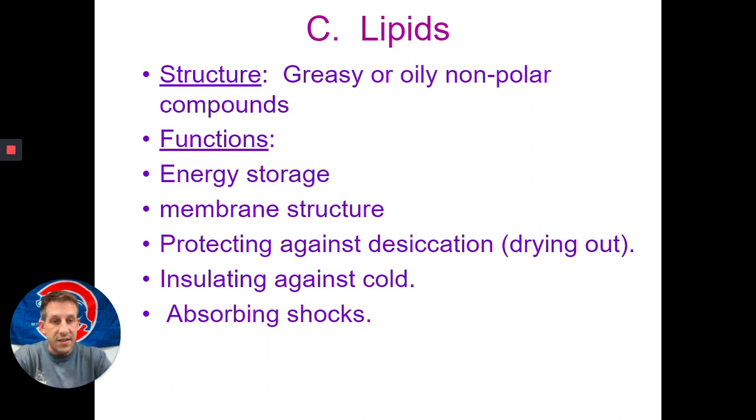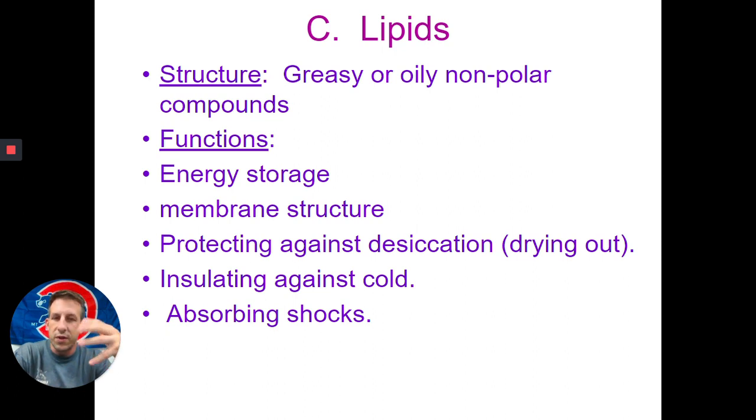Protection against desiccation or drying out. This one we kind of take for granted, but you feel the effects of this sometimes, for sure in winter. It's one of the reasons you put baby oil on a baby brother or baby sister, because little kids have a tendency to dry out. They have very dry skin because they have a high surface area to volume ratio, which means the water is going to leave their skin a little bit quicker, a little bit easier.